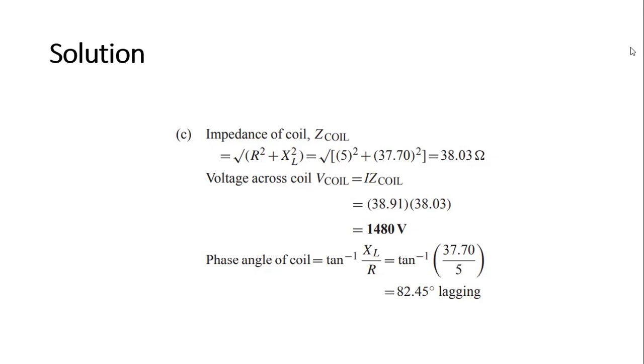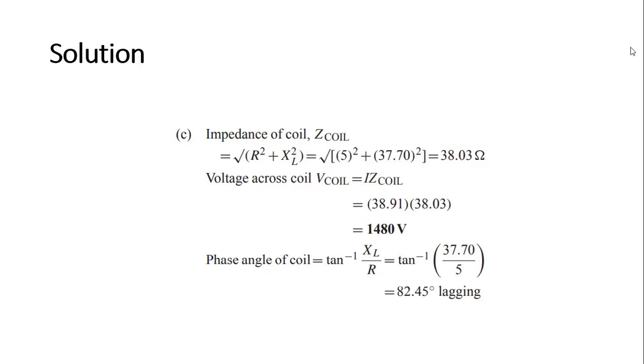So for the voltage across the coil, we have been able to determine the current. And what did we get for the current across the coil? We got a particular value for it. So we are going to multiply that I times Z. So it will be 38.91 times 38.03.